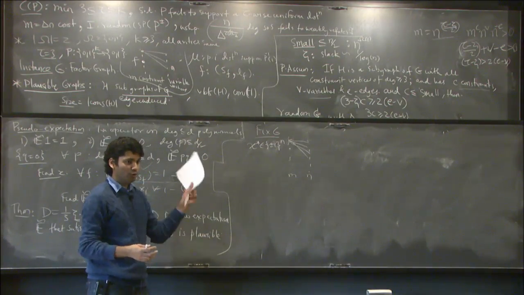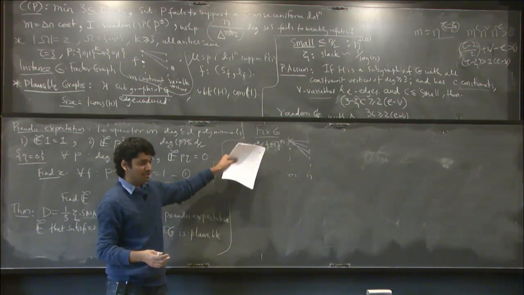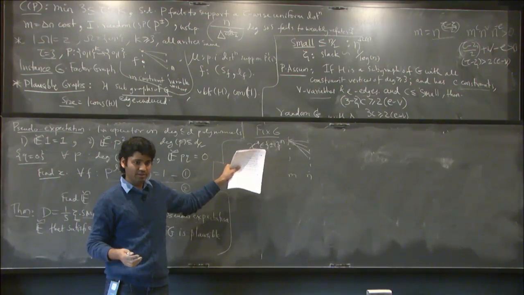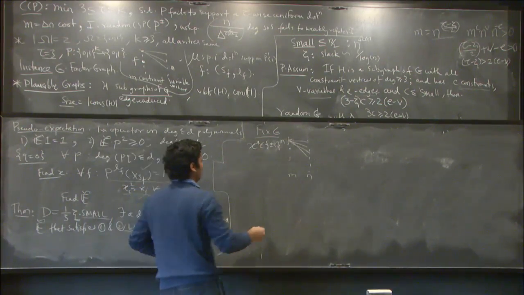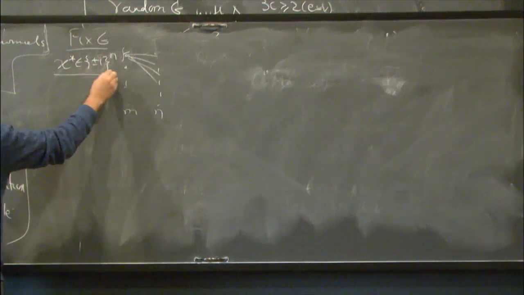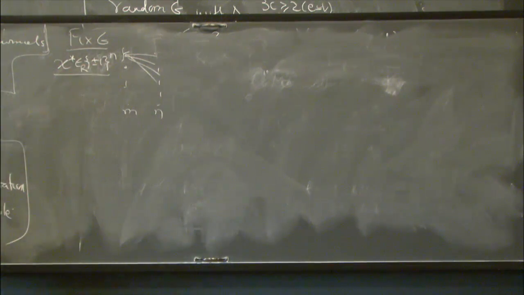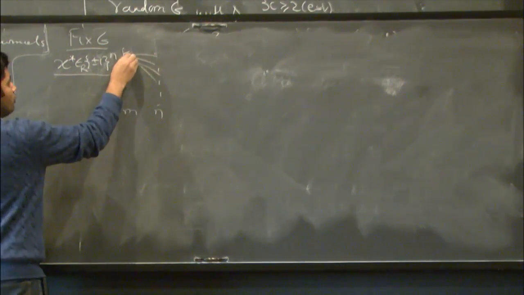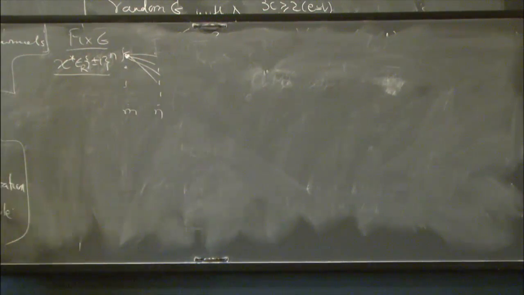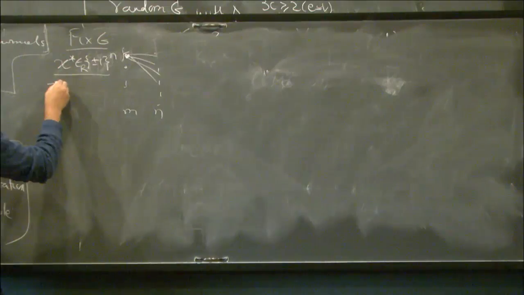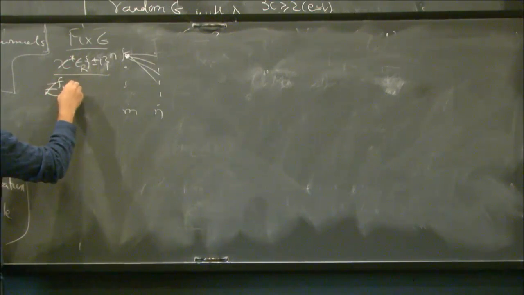I'm going to choose the literal patterns so as to make x star a satisfying assignment. The way I'm going to do this is the following. I'm going to choose x star uniformly at random from +1, -1 to the n. Then for every constraint f, I have this distribution mu, the pairwise independent distribution supported on satisfying assignments of the predicate. So I'll sample a z_f from mu.